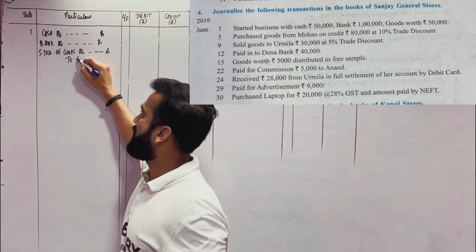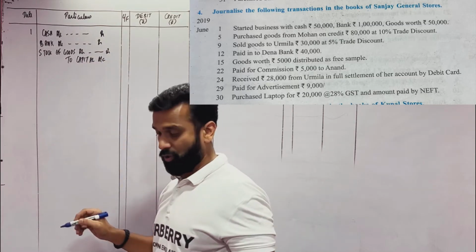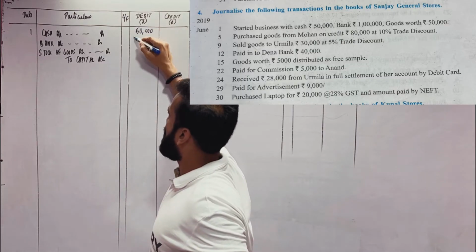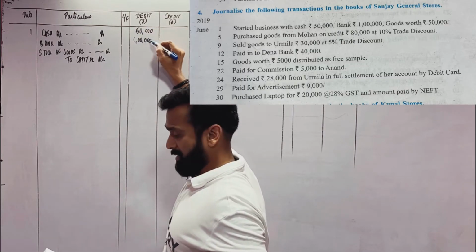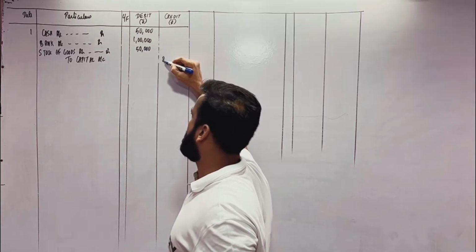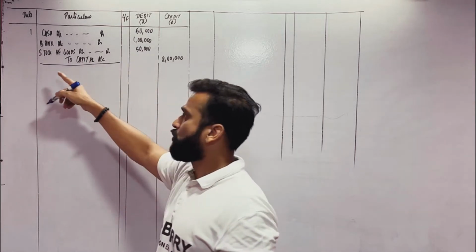To capital. So cash account is 50,000, bank account is 1 lakh, goods account is 50,000, so total is 2 lakhs. Okay, moving ahead.